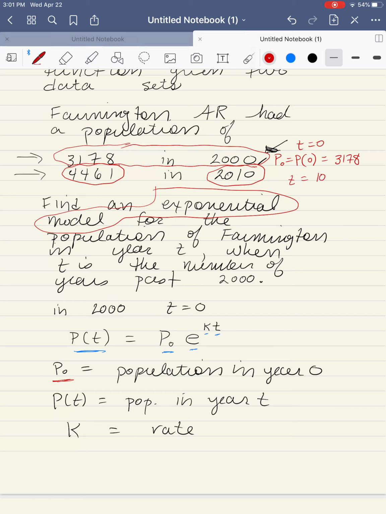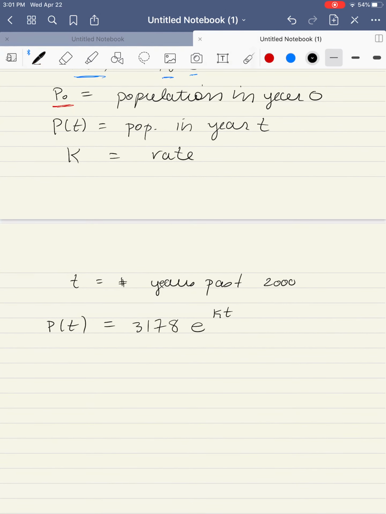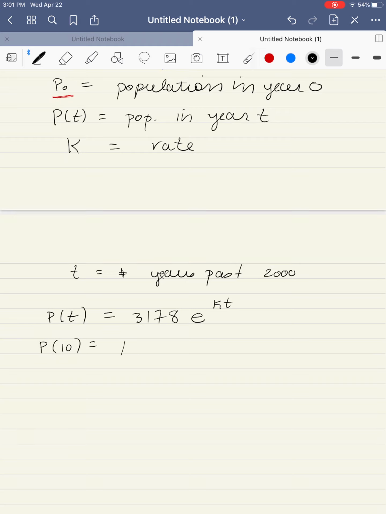We're going to use the second pair of numbers that we have right here. The population in 2010 is 4,461. So in the year 2010, we're 10 years past 2000, we have t equals 10. So P of 10 is 4461. I'm going to go ahead and rewrite those two here. P of 10 is 4461 when t equals 10.